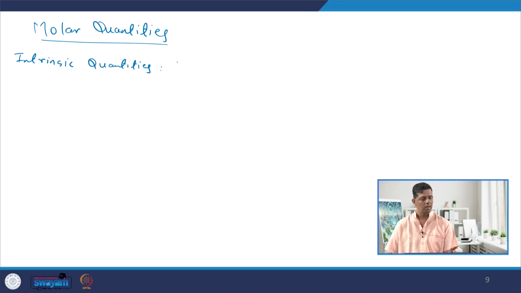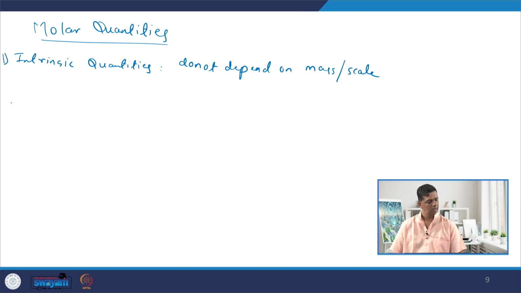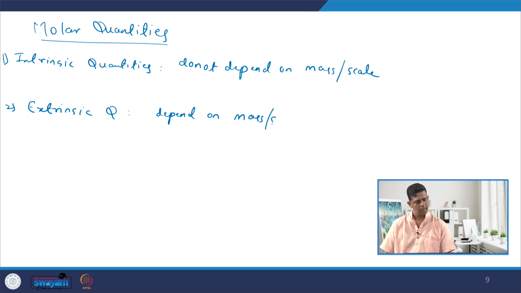I am sure the readers might have gone through these thermodynamic terms. Intrinsic quantities are the ones that do not depend on scale or mass. And we have another term called extrinsic quantity, which depends on mass or scale.